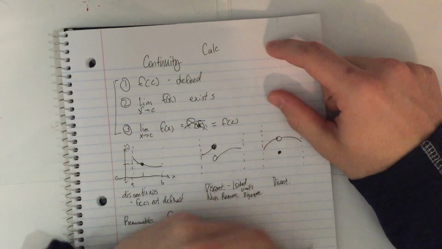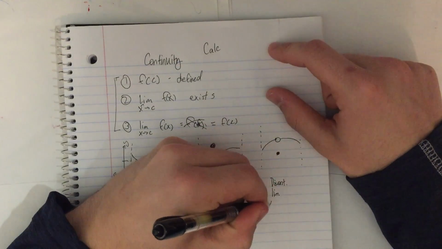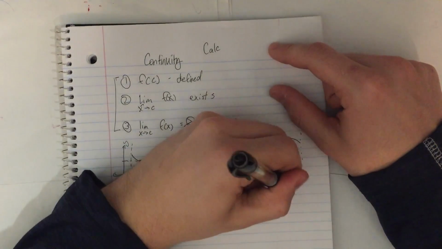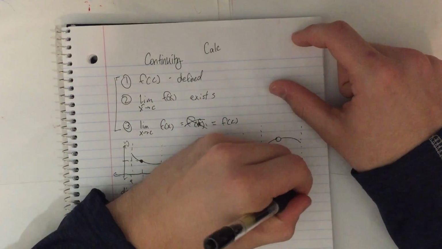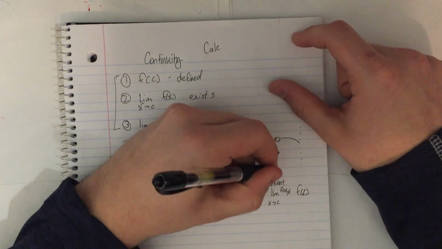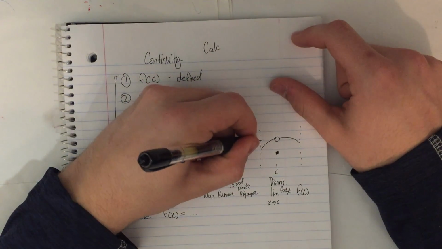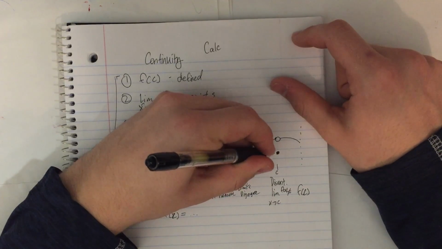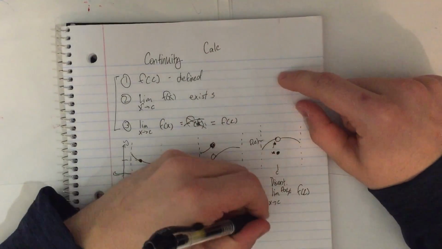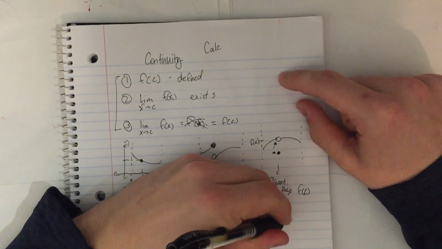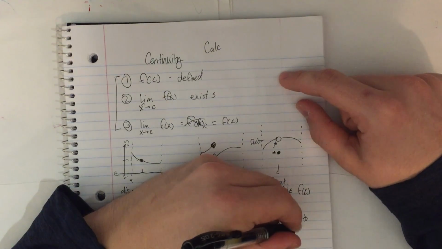But in this last one, the limit as x approaches c does not equal f of c. If this were c, this would be the f of c. The f of c equals that, not where it should. This is one we can fix, just redefine. So this is removable.